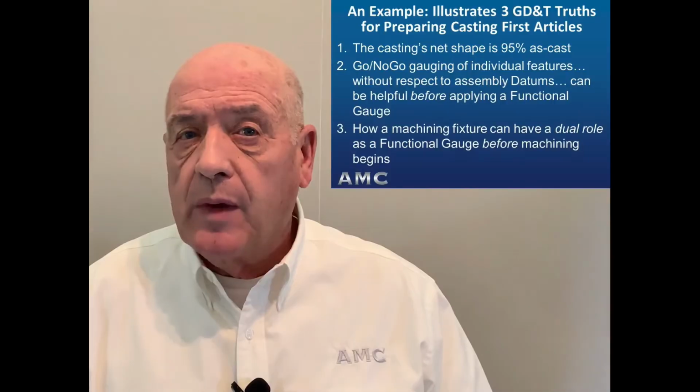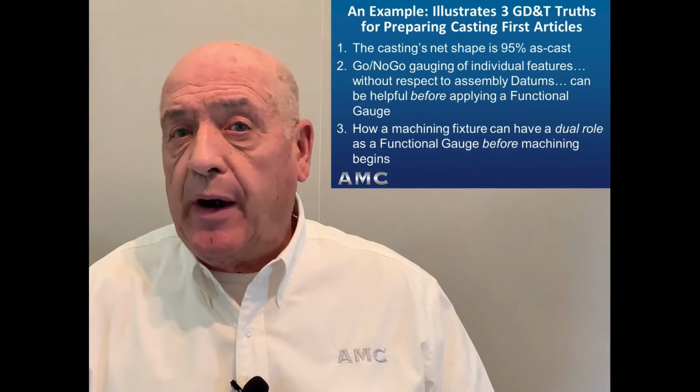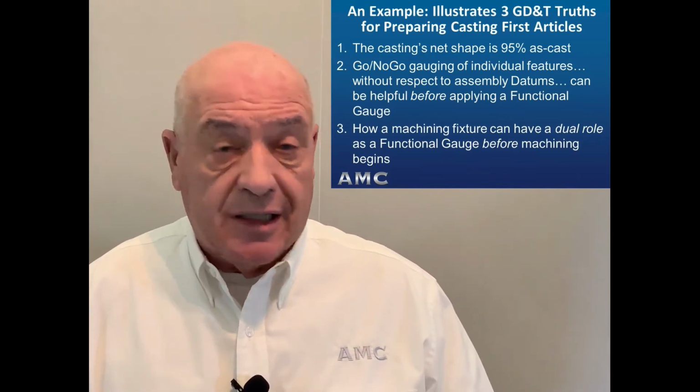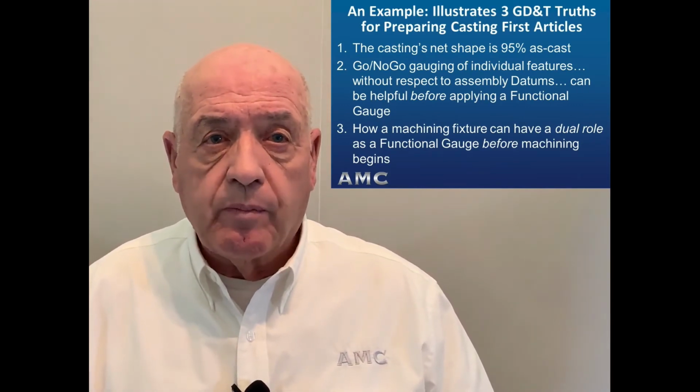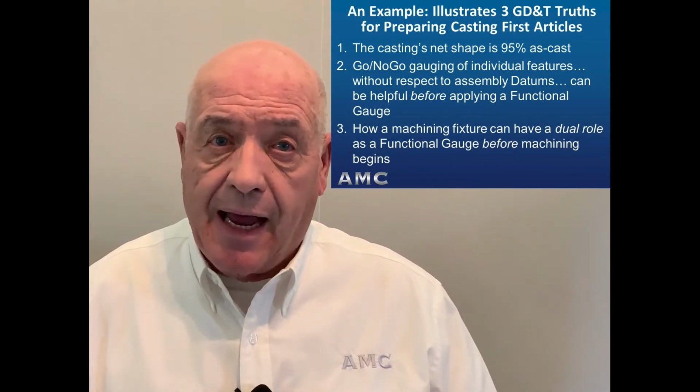To conclude our discussion regarding geometric dimensioning and tolerancing principles and capabilities as applied to functional gauges developed from the third solid model, here's an example that illustrates 3 of the truths about preparing castings for successful first article approval. First, the casting surfaces are 95% as cast.